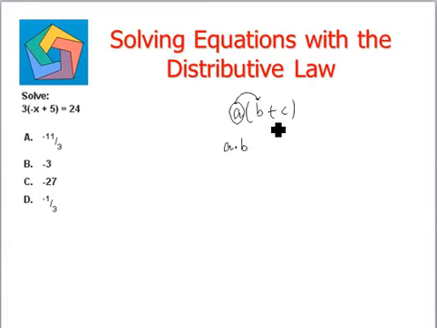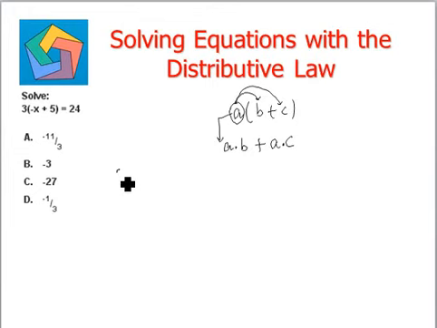This operator comes down as plus, then a is multiplied with c. This will be the application of the distributive law. That is, the quantity outside the parentheses is multiplied with the quantities inside the parentheses individually. Let's understand this concept with the help of the questions.